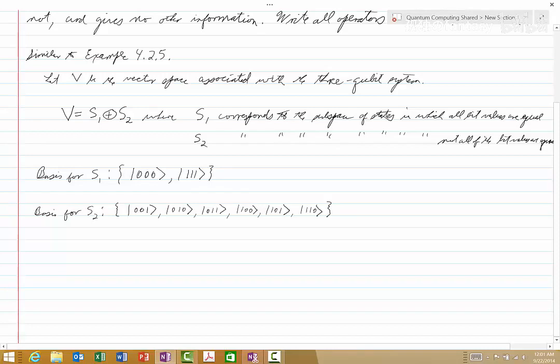So we notice that of the 8 possible basis vectors we would have for all of V, 2 of them form a basis for S1, and the other 6 form a basis for S2.